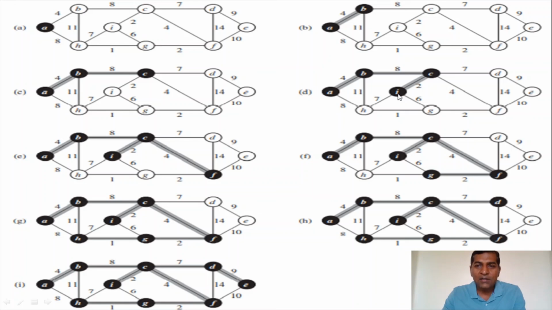Particular connectivity from I to G is not having a higher weight. That is why we will go with this particular connectivity, like C to F. C to F is having 4.